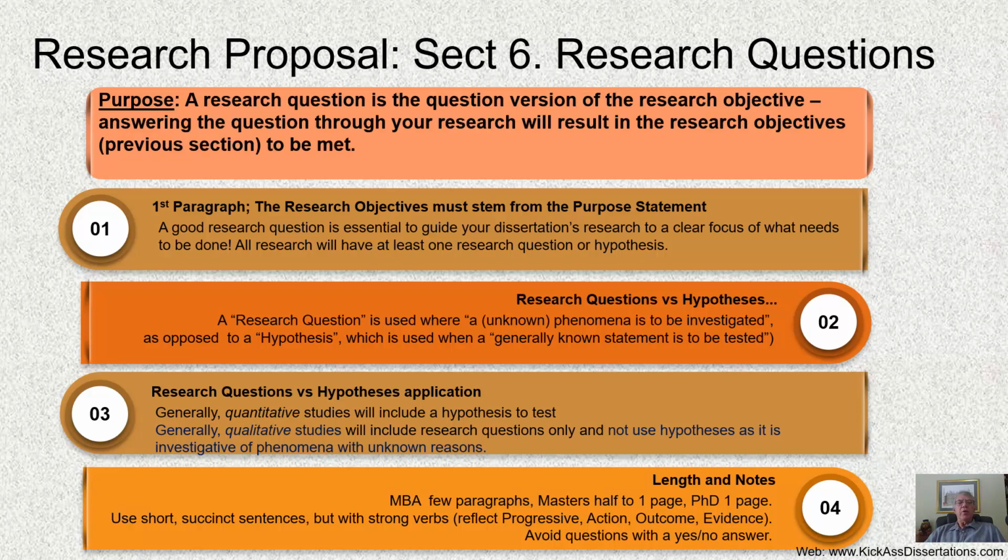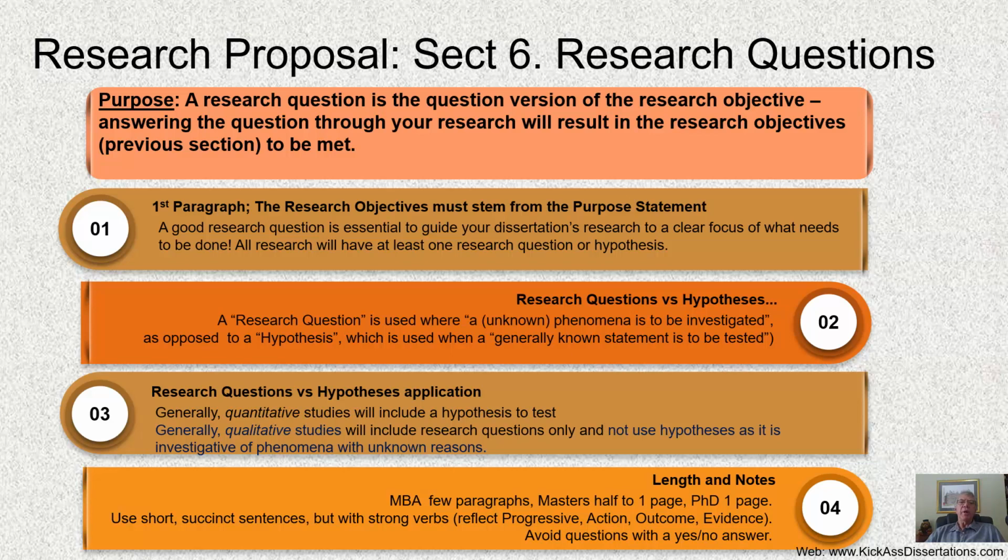The purpose of a research question is to develop the question version of the research objective. It's very simple. They're going to sound very similar, but the one will be in terms of a statement that you want to achieve. That was the research objective.